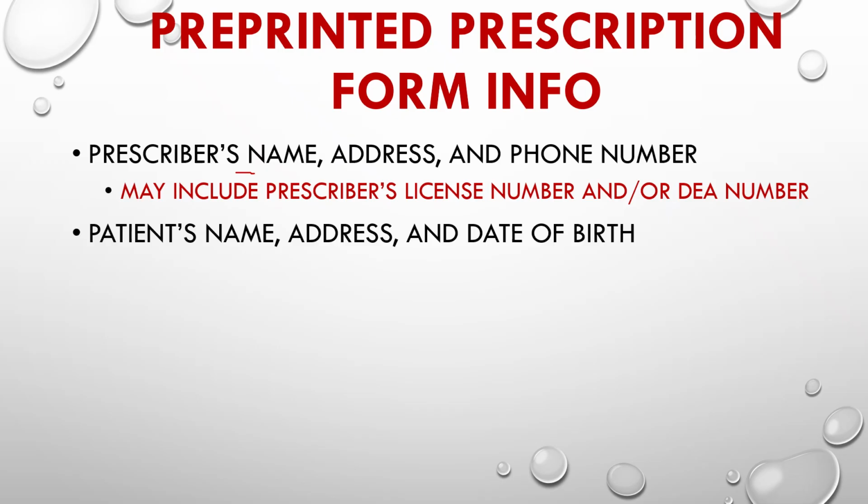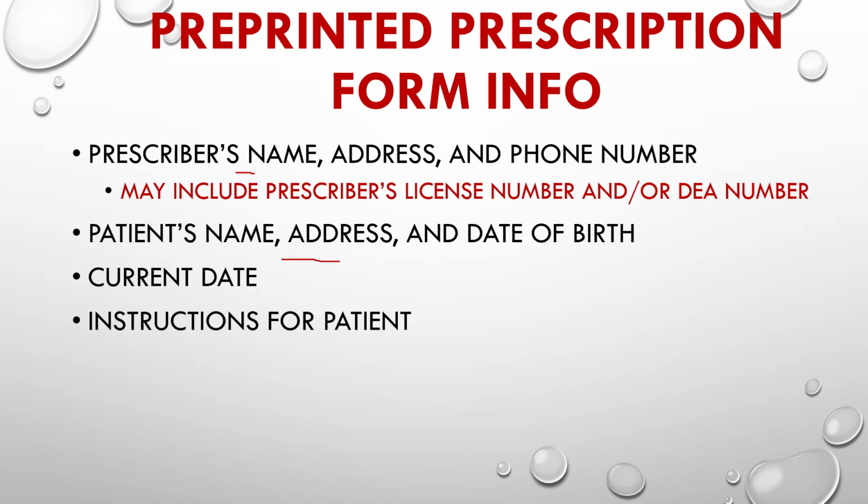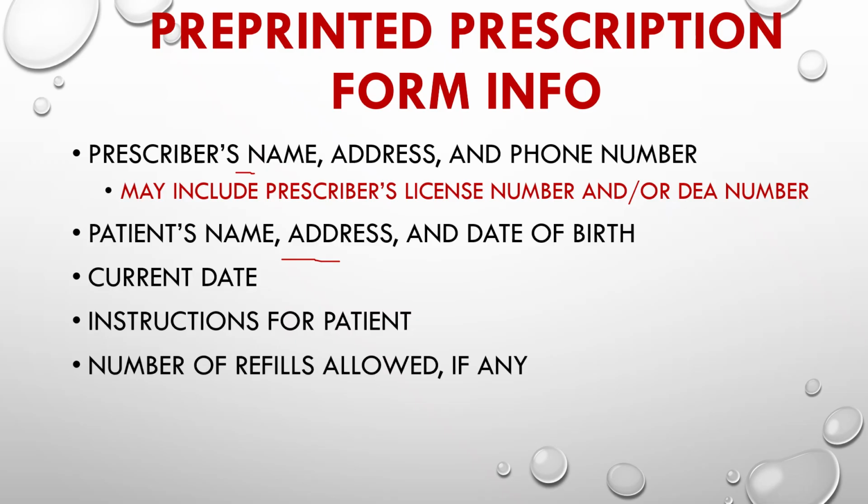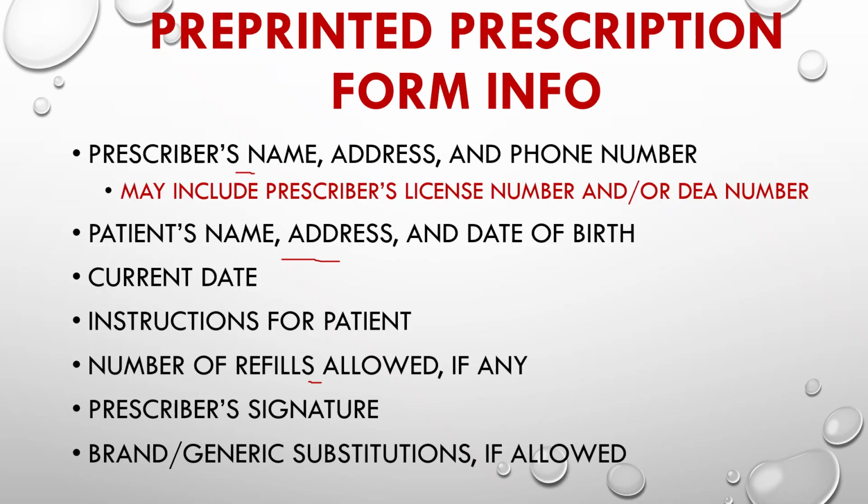The patient's information, so name, address, date of birth, the date that it's being prescribed, all the instructions for the patient. So is it, you know, has to be taken with food or early in the morning or late at night, those types of things. Number of refills that are allowed, if any, and then the signature. And again, that can be an electronic signature. And then also the brand or generic substitutions if allowed. And so that needs to be indicated.